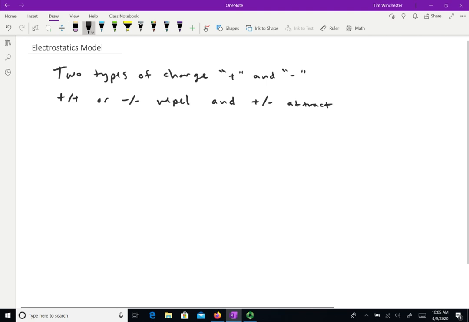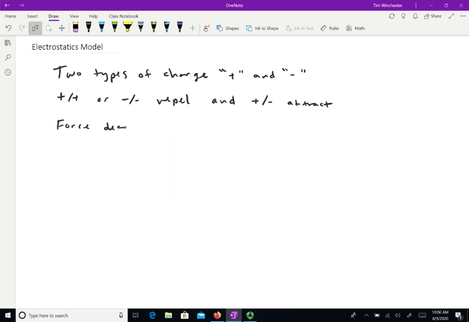Another observation that is fairly clear from some simple experiments is that the force between two objects decreases with distance. Okay, so if you bring two charged objects close together, then there's a strong force between them. If you bring them further apart, the force gets weaker and weaker.